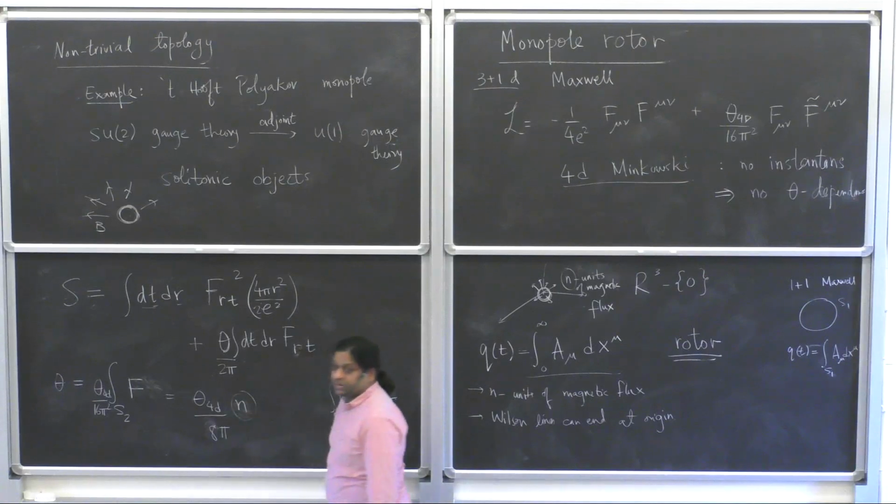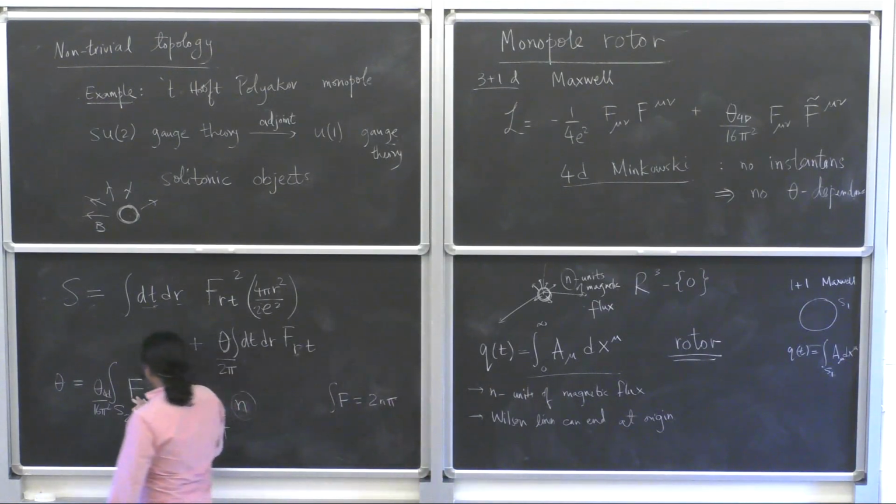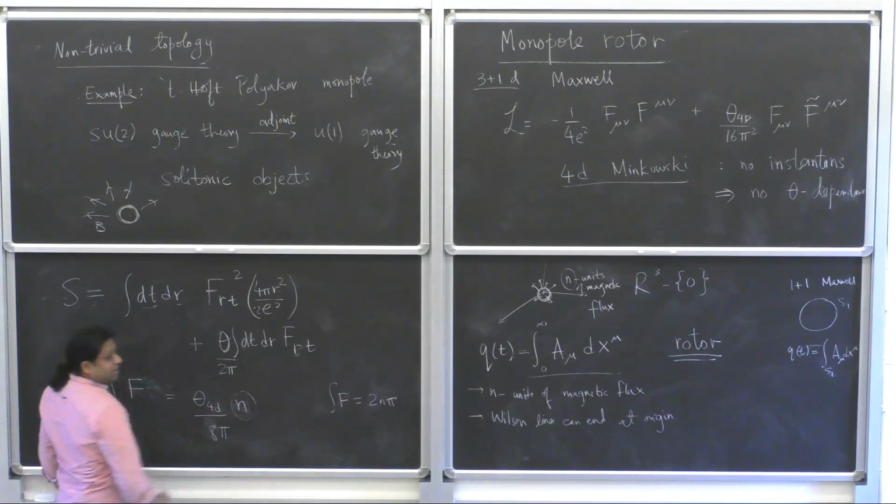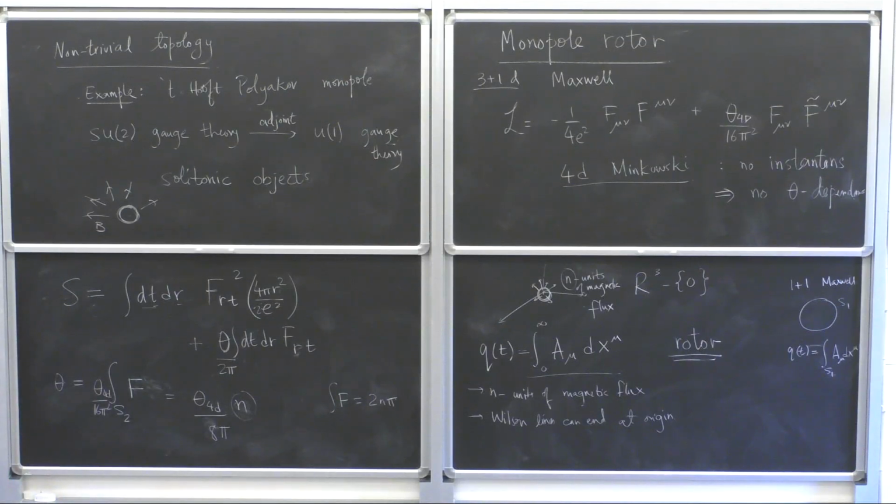You just pick up this flux on the sphere, and so you're left with the other factor of F in the Lagrangian.